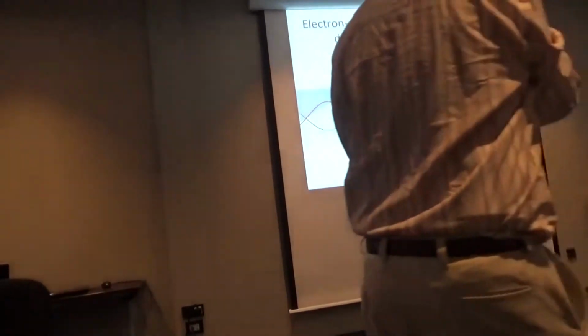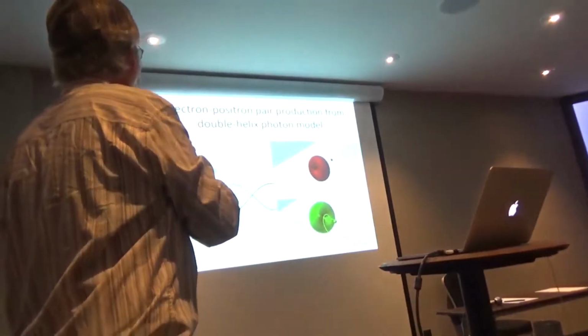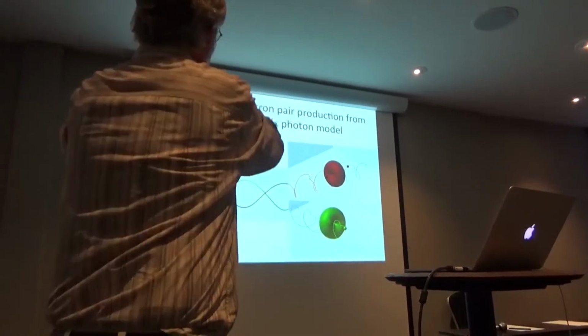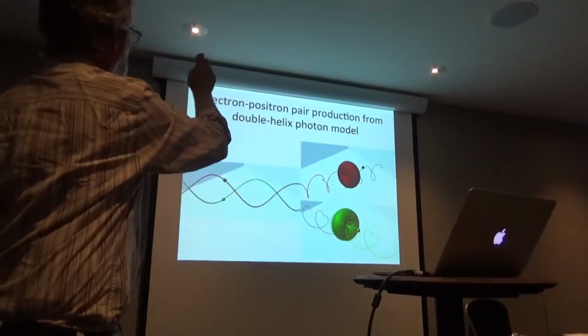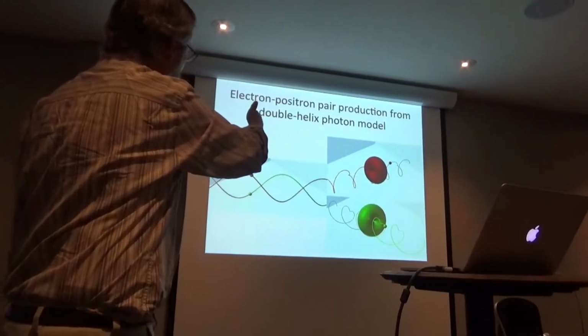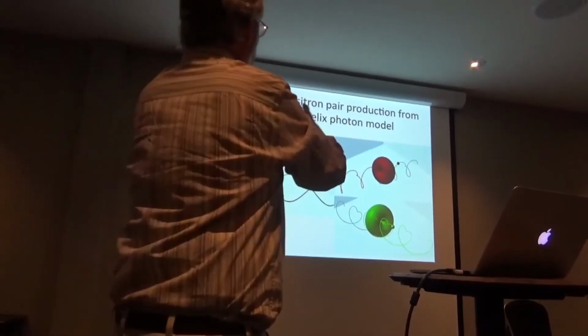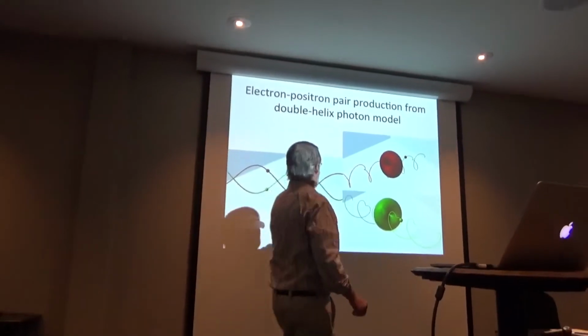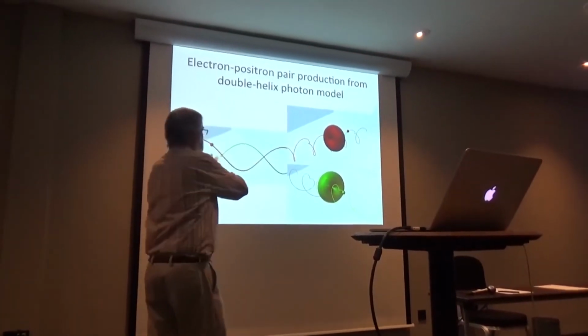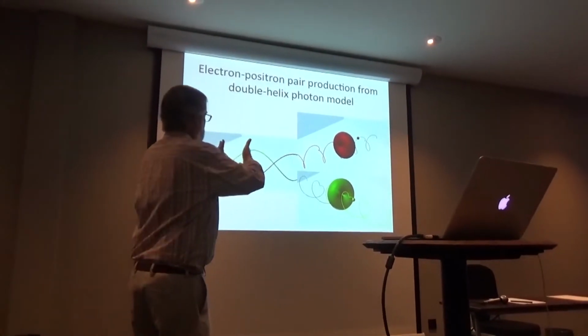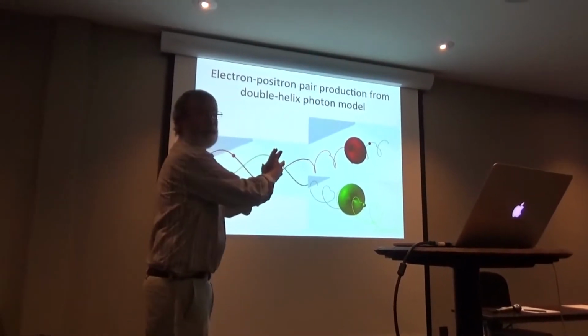So this is a sort of artistic depiction of two half photons coming in, constituting a composite photon, a double-helix photon, reaching an atomic nucleus somewhere around here, which sort of destabilizes them and gives them a kind of push, and the atomic nucleus gets pushed backwards.